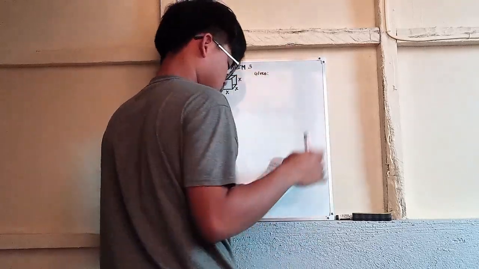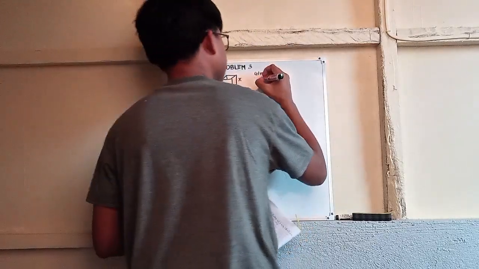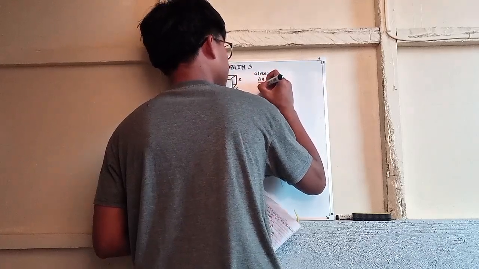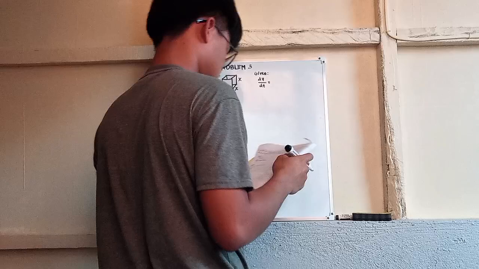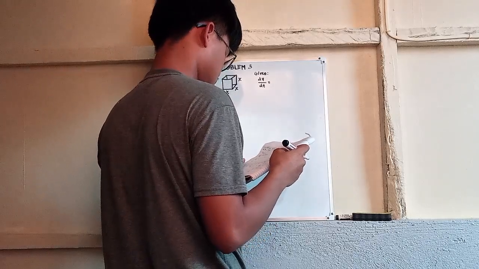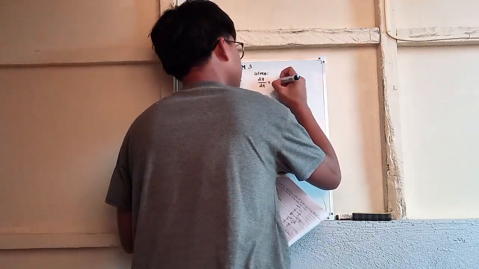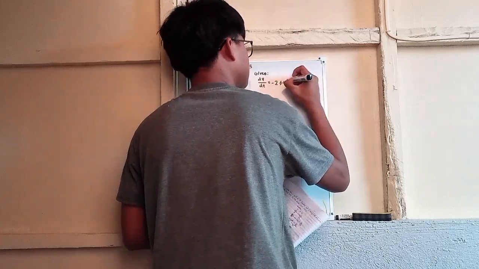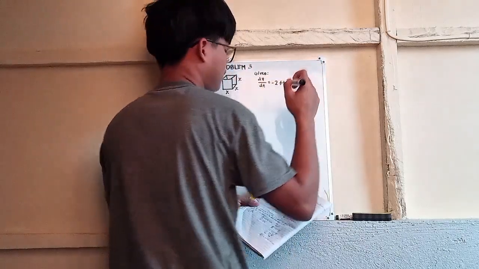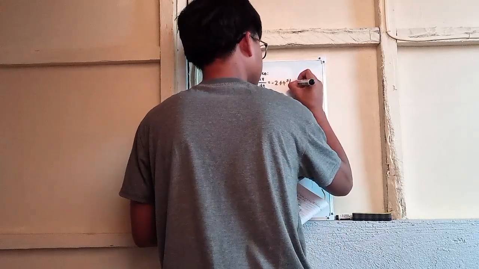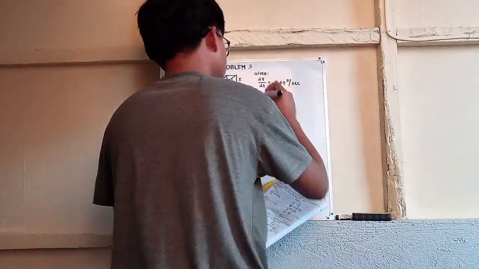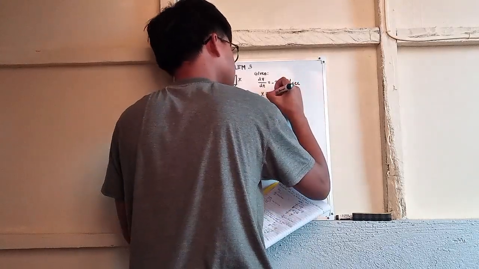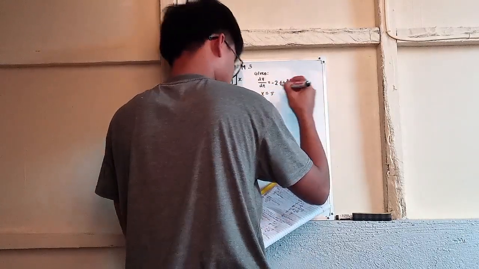The given is the decreasing rate of our cube, equal to -2 feet cube per second. Then the value of our x, or of our h, is equal to 5 feet.